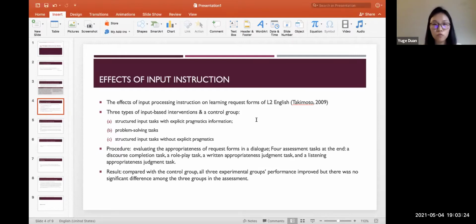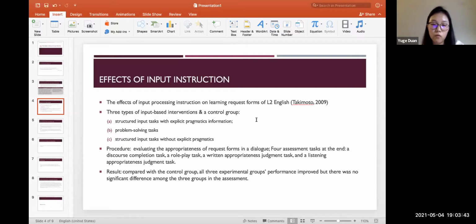A control group is also included, to be compared with the other three groups to see whether the approach is effective or not.